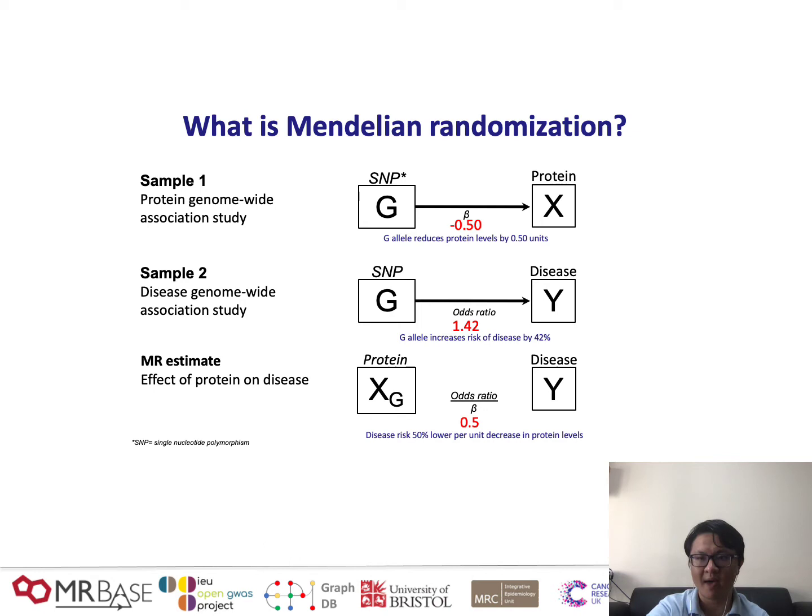Using the ratio method, we take the ratio between the two estimates to infer the effect of the protein on disease. The latter is the odds ratio of disease per unit increase in the protein and can be interpreted as a 50% lower disease risk for each unit decrease in the protein.